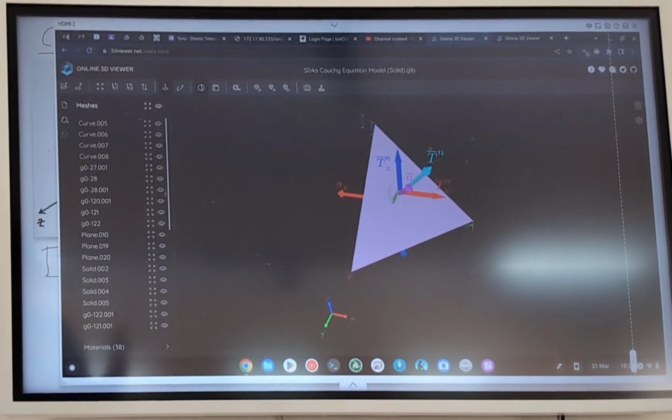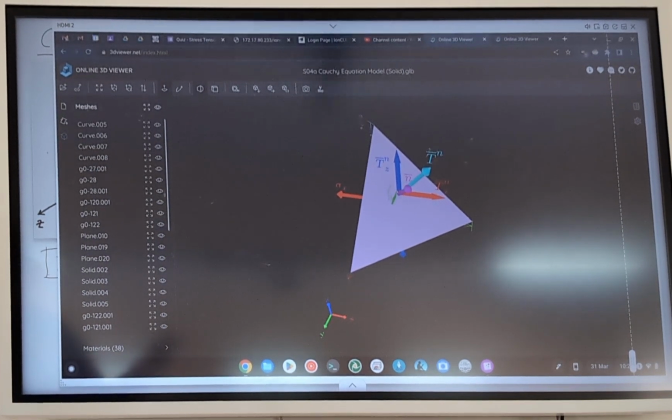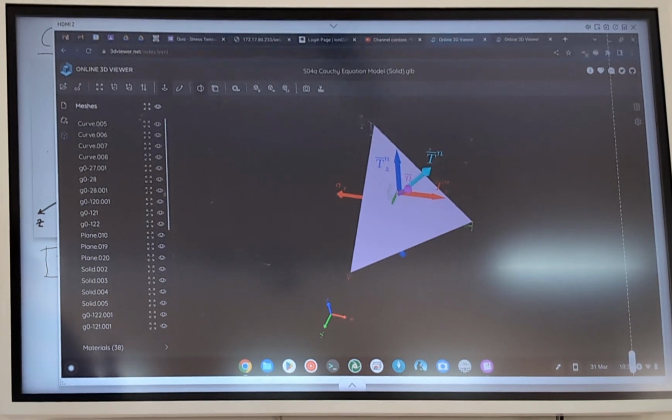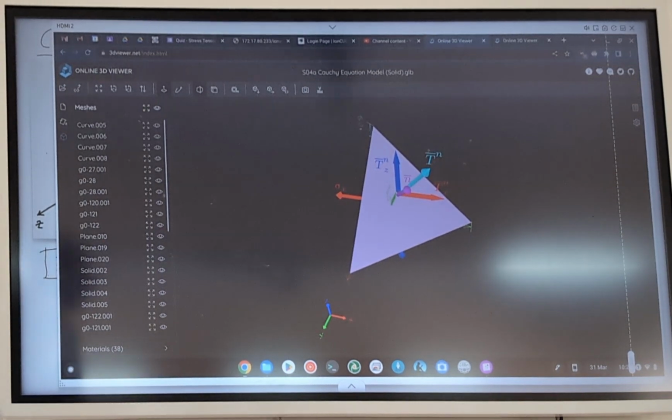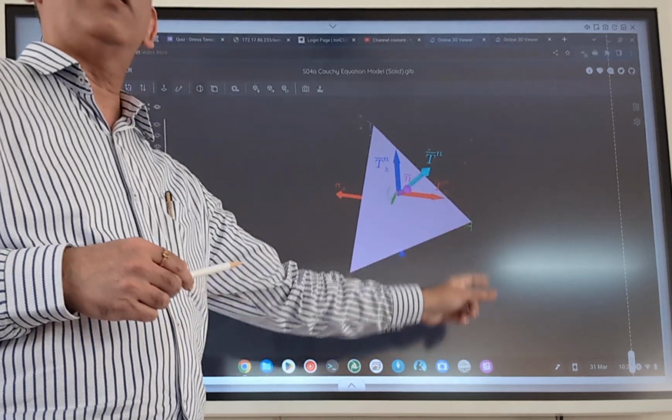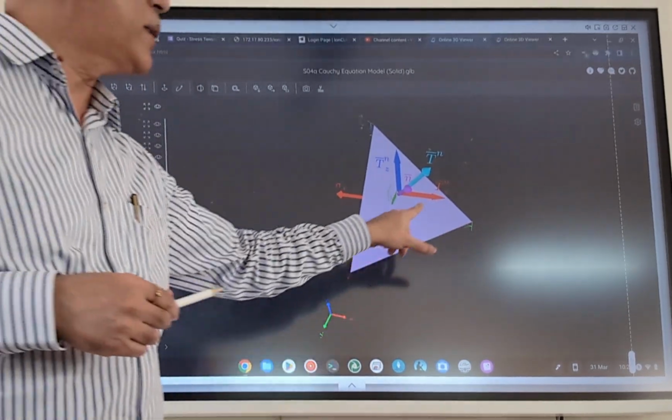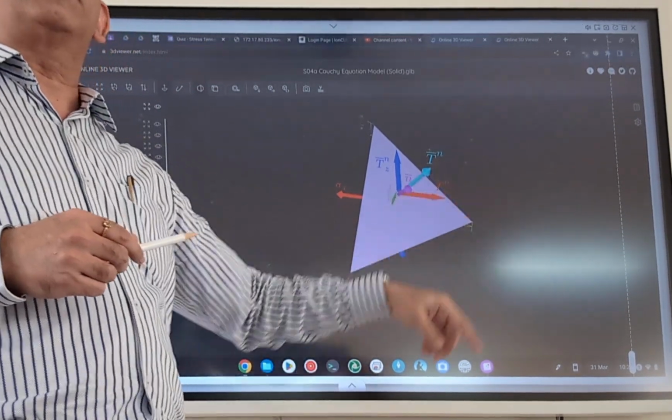The only difference between stress and traction is that stress is a tensor. That means it requires additional information, whereas the stress vector or traction vector is a vector. So it has only magnitude and direction. The magnitude is given by the force divided by area, and the direction is given by whatever direction you are talking about. So here Tnx is oriented along the x direction and its magnitude is given by Tnx.